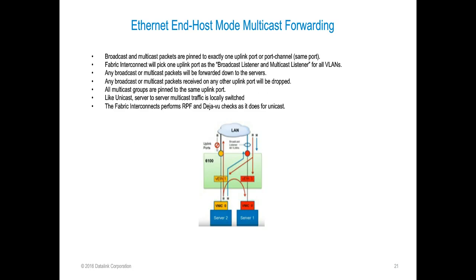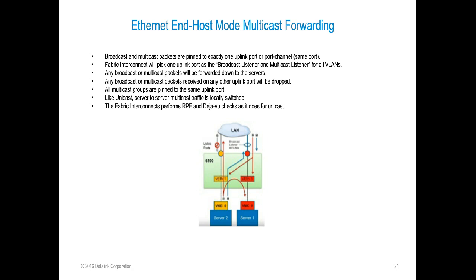Let's talk a little bit more about end host mode, particularly multicast forwarding. Broadcast and multicast packets are pinned to exactly one uplink port or port channel. The Fabric Interconnect will automatically pick one uplink port as the broadcast listener and multicast listener for all your VLANs. Any broadcast or multicast packets will be forwarded down to the servers. Any broadcast or multicast packets received on any other uplink will be dropped.